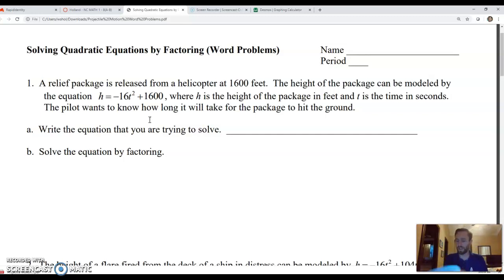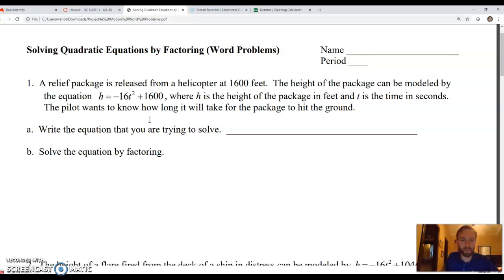So I'm just going to create 2 parentheses. I'm trying to figure out two numbers that will multiply to give me negative 100 and will add up to give me 0. And the reason they need to add up to give me 0 is because the b term is missing.